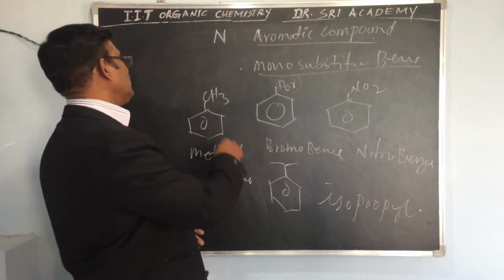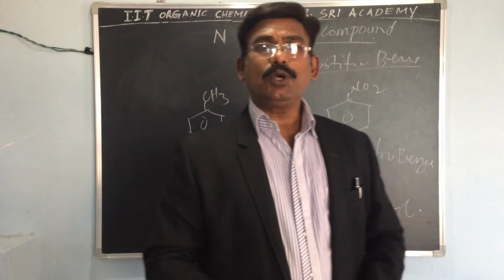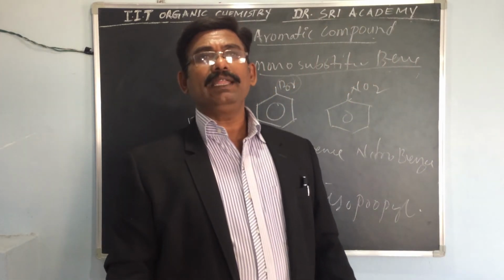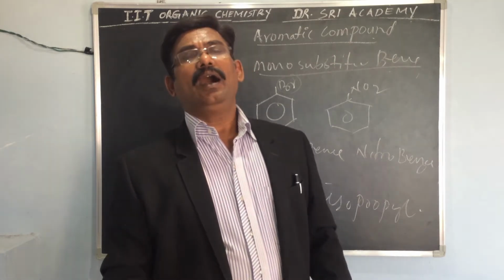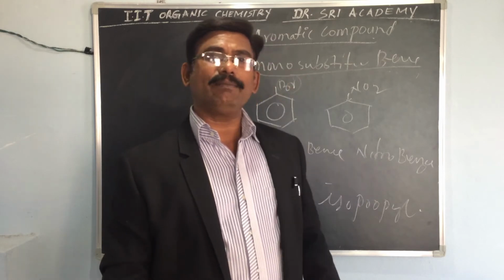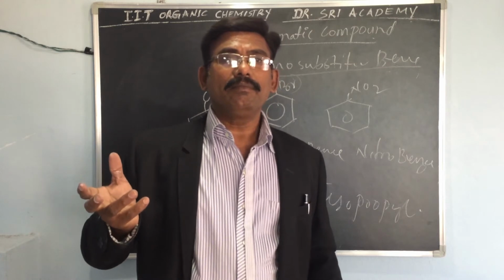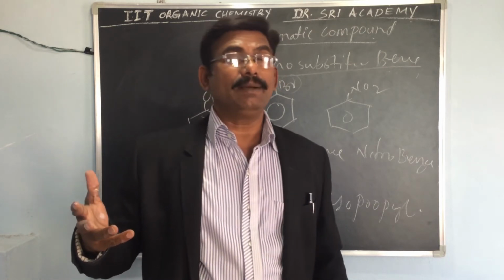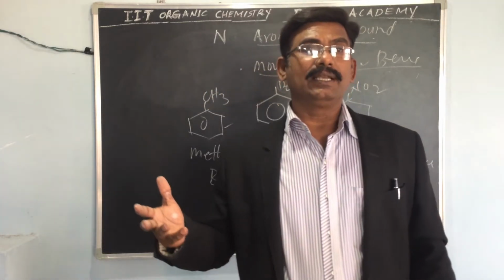Methyl benzene is called toluene. These are common names. Simply, first of all, in the case of monosubstituted, some common substituents change the root name of the ring if the functional groups are there.